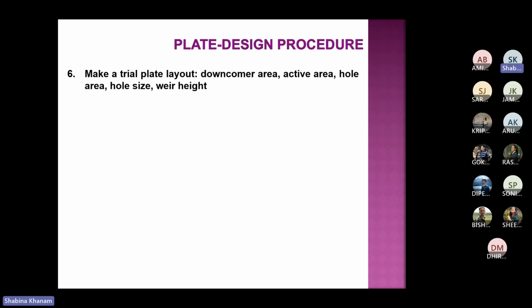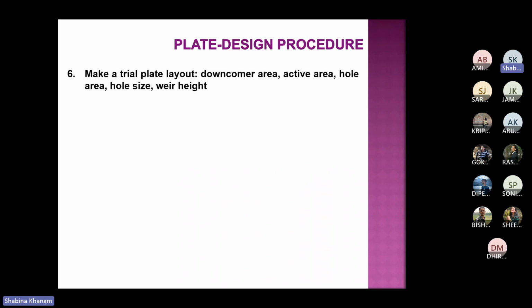And next, we need to decide the layout of the plate, like what is the downcomer area, active area, hole size, and weir height. Downcomer area is usually in percentage of column area. Active area, you know, is total cross sectional area minus twice the downcomer area.